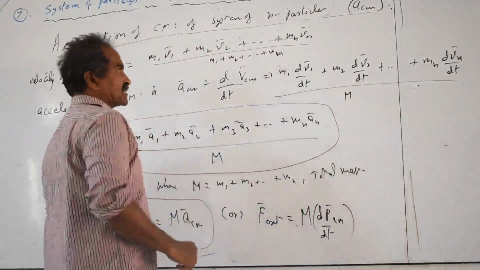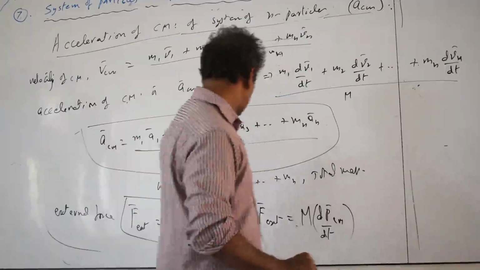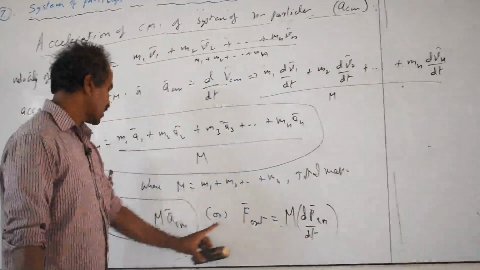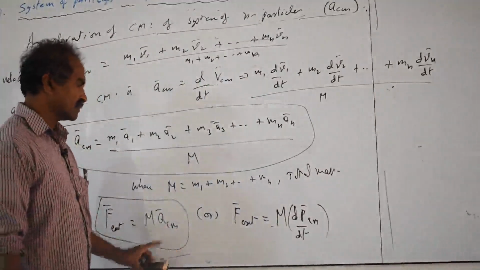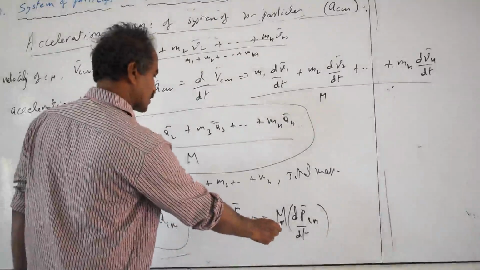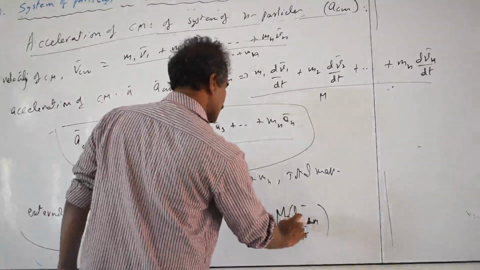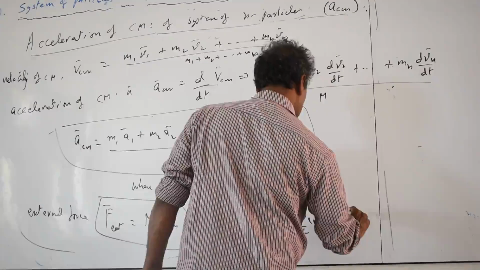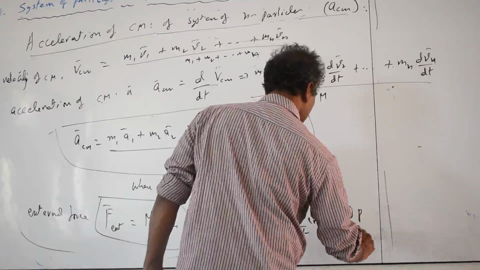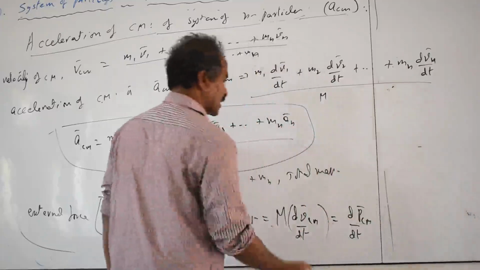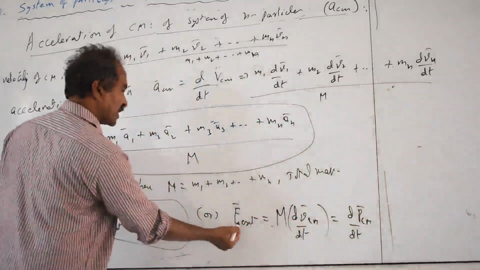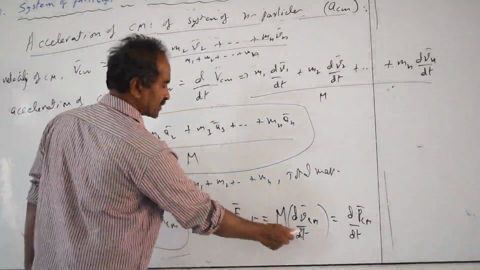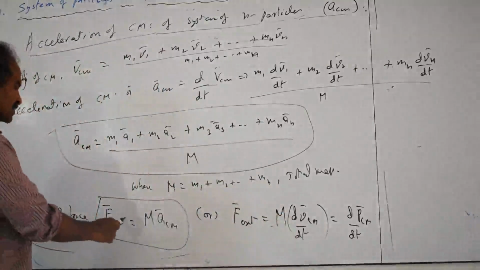Rate of change of momentum comes from Newton's second law, F equal to ma, and from this definition rate of change of momentum is nothing but force. Mass into velocity is momentum, so dp by dt, the rate of change of momentum with time, is nothing but the external force. And acceleration is the rate of change of velocity with time, of center of mass. Capital M is the total mass.